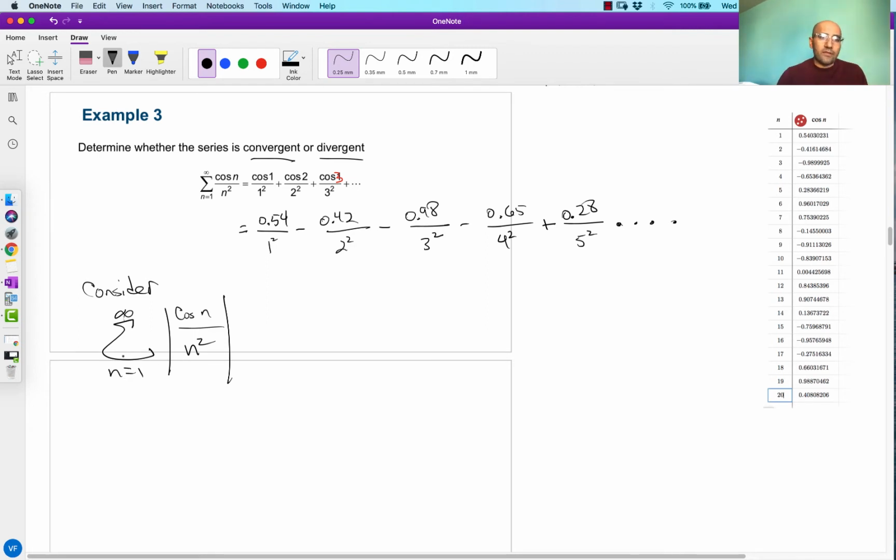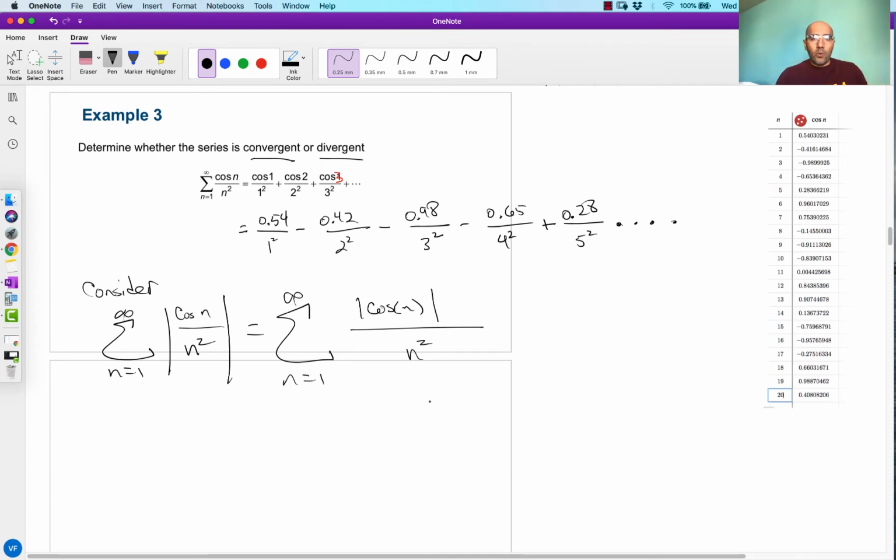So n equals 1, 2, 3. The denominator is always positive. There's no need to overdo it and say it's the absolute value of something being squared. So we can just rewrite this as the sum from n equals 1 to infinity of the absolute value of cosine of n divided by n squared.